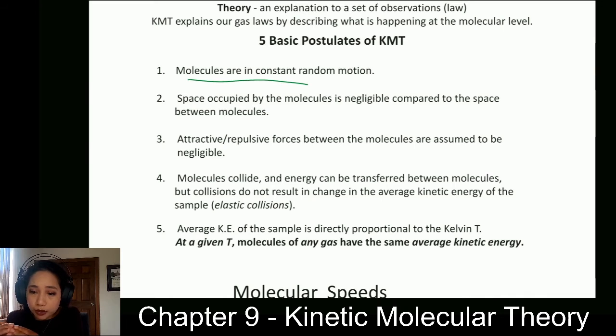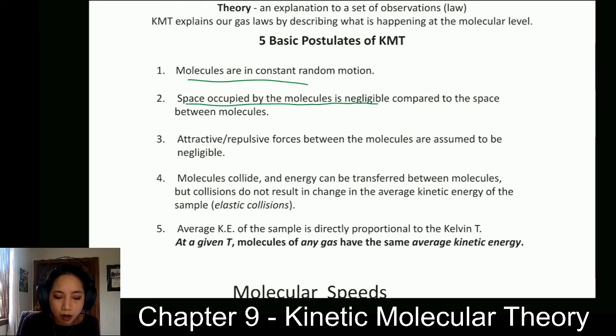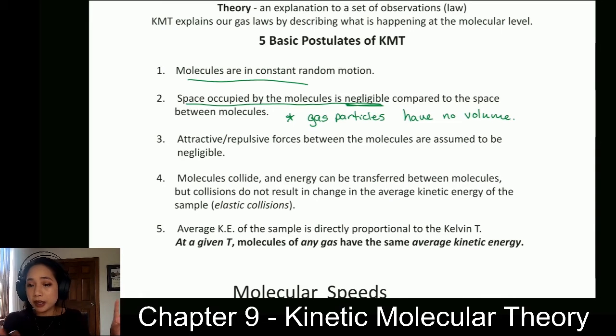Those particles exist in space because it's a type of matter. But what kinetic molecular theory says is that the space occupied by the molecule is negligible. Essentially, it assumes that the gas particles have no volume. All of these assumptions make up the ideal gas law.